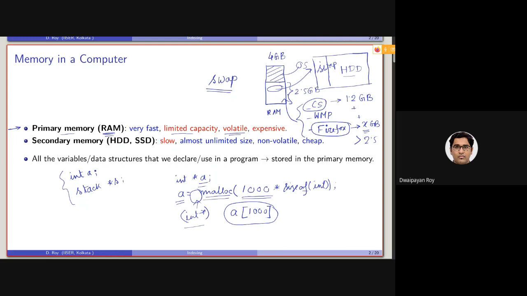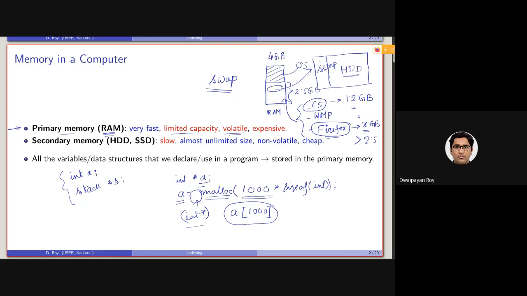Note that in this case, if it is running short of space, the operating system will be swapping some memory space which was assigned to certain tabs of Firefox, as they are not in the working state right now. It will be swapped into the hard disk.